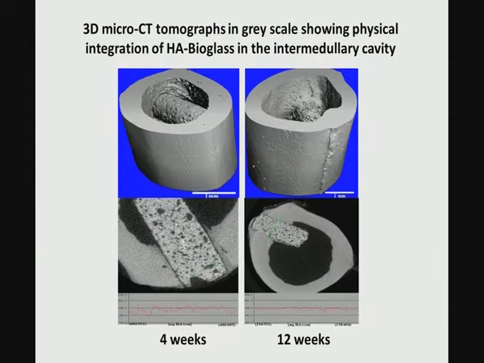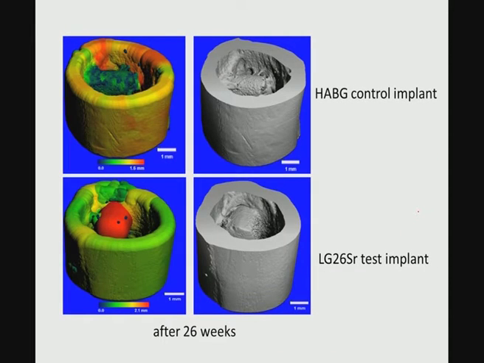The BMD values you are getting here are fairly fluctuating at different times. The unit of BMD is milligram of hydroxyapatite per centimeter cube. So, it is the equivalent value of milligram of hydroxyapatite that is present in the natural bone, and that is present in this new bone structure that is forming.